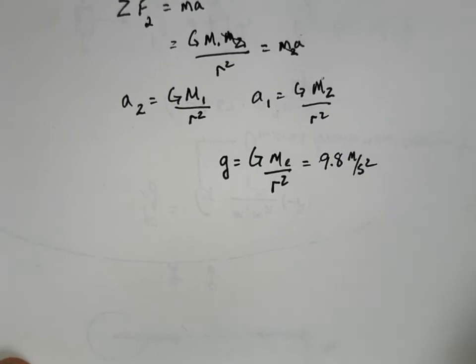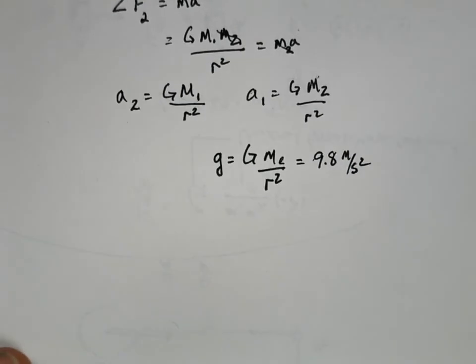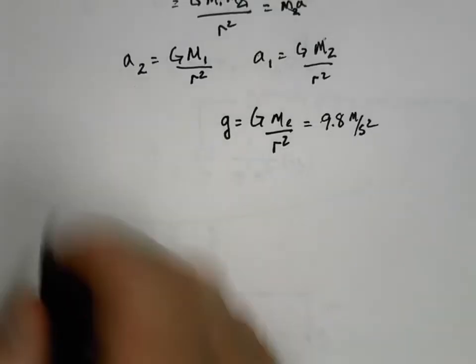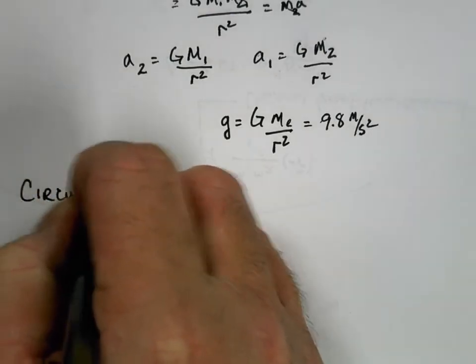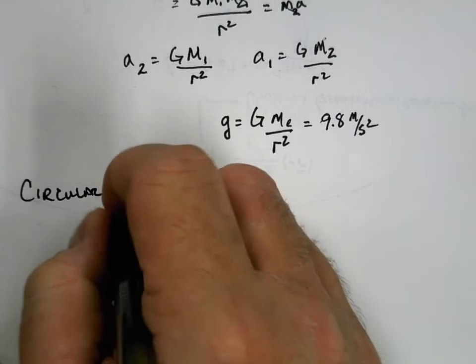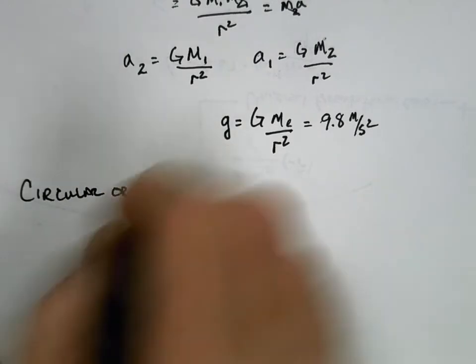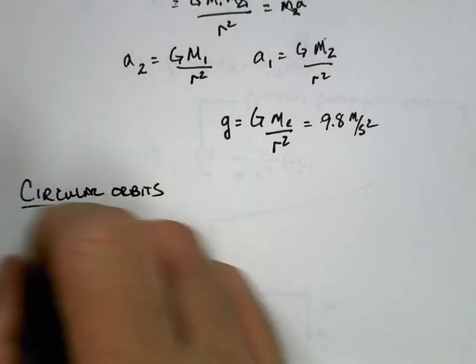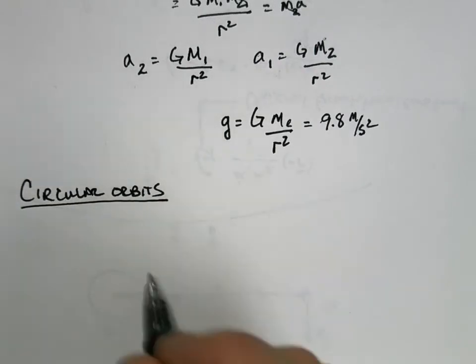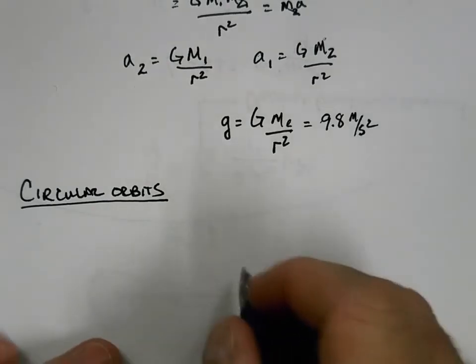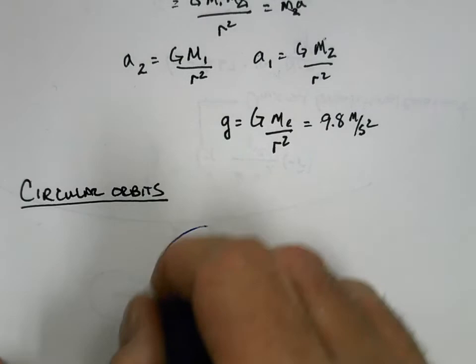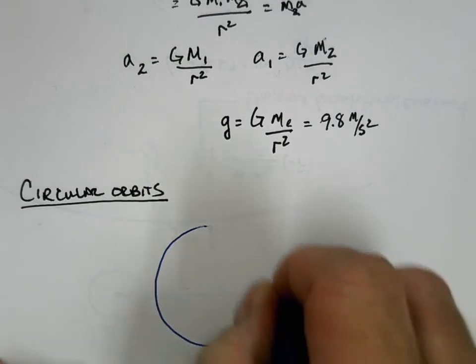All right, this brings us to circular orbits. All right, so let's say that we have a big, we're all riding here on this big blue marble.